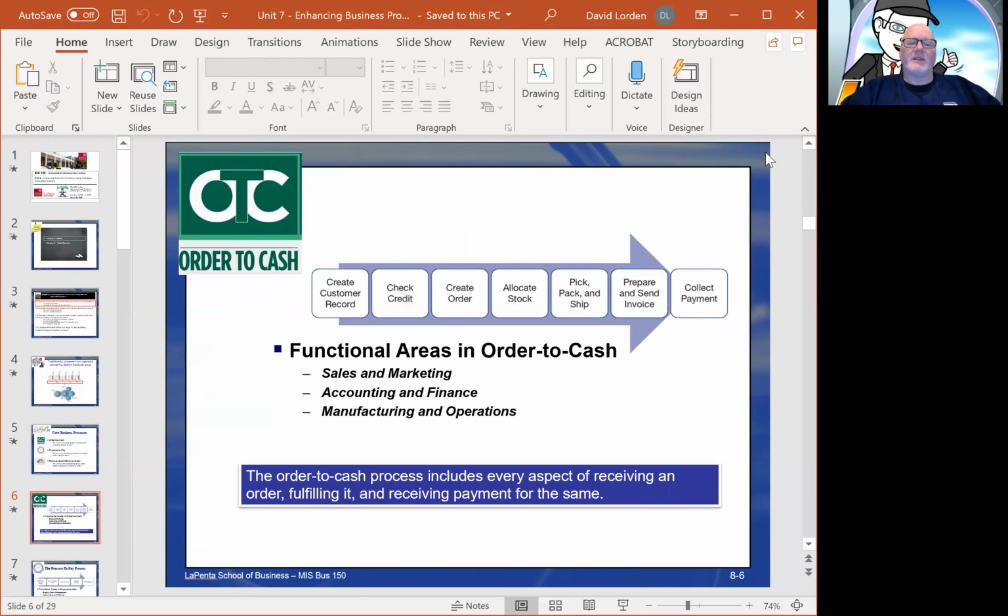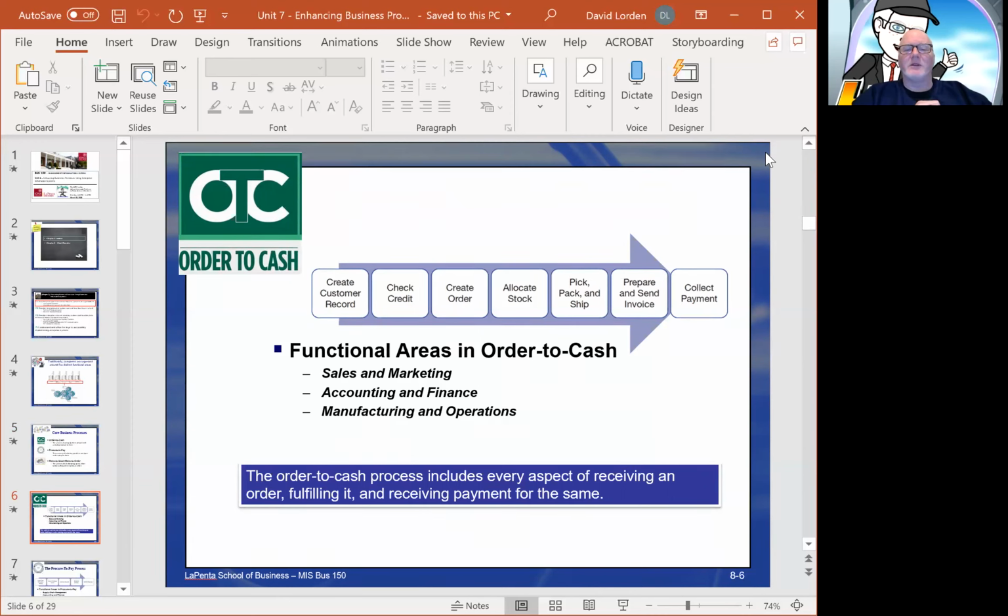The first thing is called order to cash. This is a good sequence of activities. You first have to create a customer record. You would have a relational database, and you would have the customer information in there. You'd run a credit check to see whether their credit's good and it's a customer that you want to extend credit to.